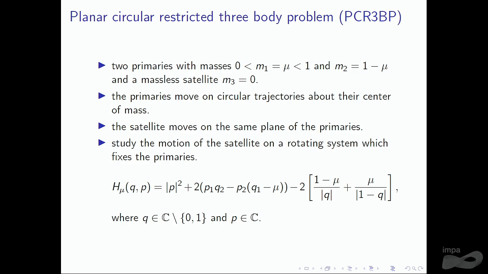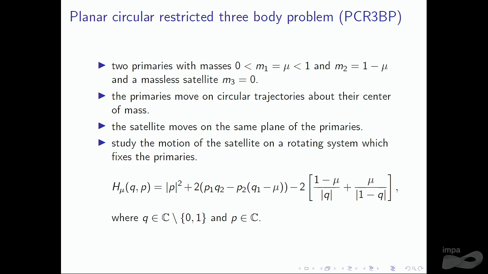And it's given in this form, this expression here. In general, the definition of this Hamiltonian is divided by 2, but for some reasons it's better to follow this definition of the Hamiltonian. It doesn't change anything if you divide it by 2, it just reparameterizes the solutions. This one is twice as fast as the previous one, so we can make this change.